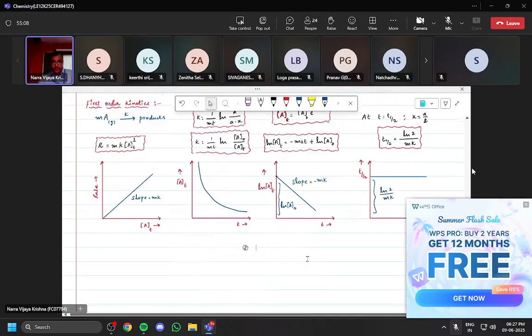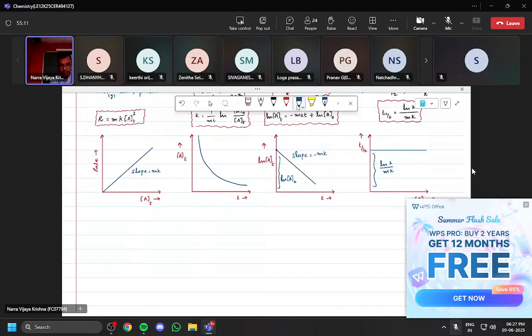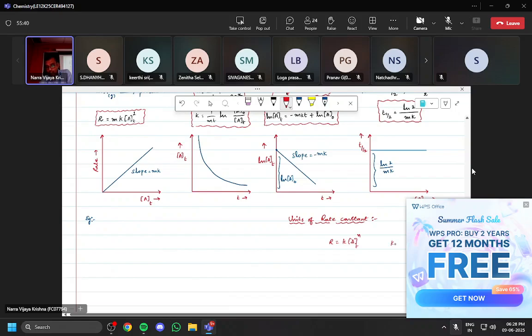Now, units of rate constant K. Let me write examples also. Some examples for first order reaction, and we will see units of rate constant K. What are the units of rate constant? If it is nth order reaction, we are writing R equal to K into concentration of A power n. Then rate constant K equals R upon At power n.